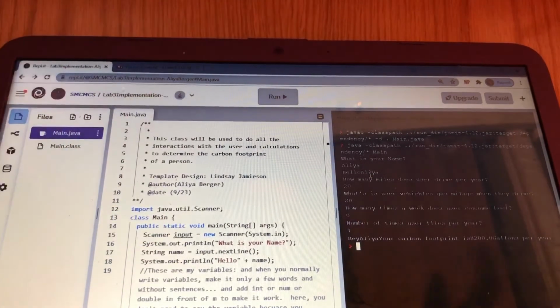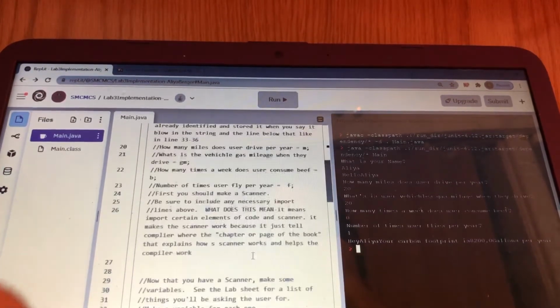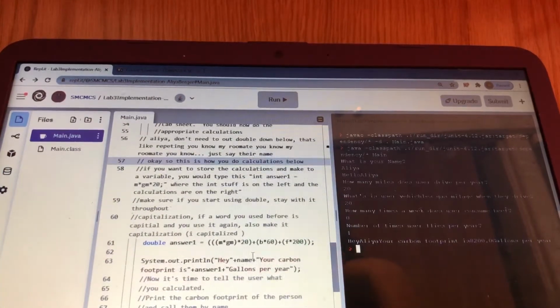So how did this work? So we use the numbers 20, 20, 0, and 1. So we're going down to the calculations part.